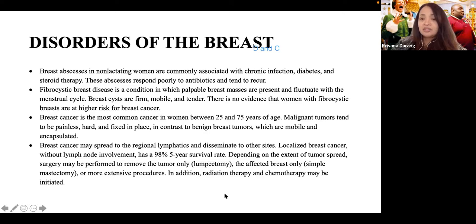Okay, so we diagnose it based on the size of the tumor, the lymph nodes that are affected, and if there is metastasis or spread of the tumor. Treatment can be anywhere from a simple surgery, a lumpectomy, which is removal of just the lump itself, or radical mastectomy, which is removal of the entire breast and the underlying tissue.